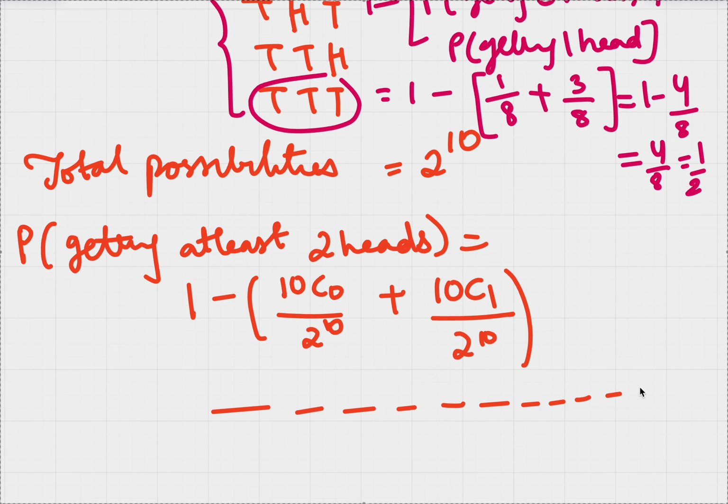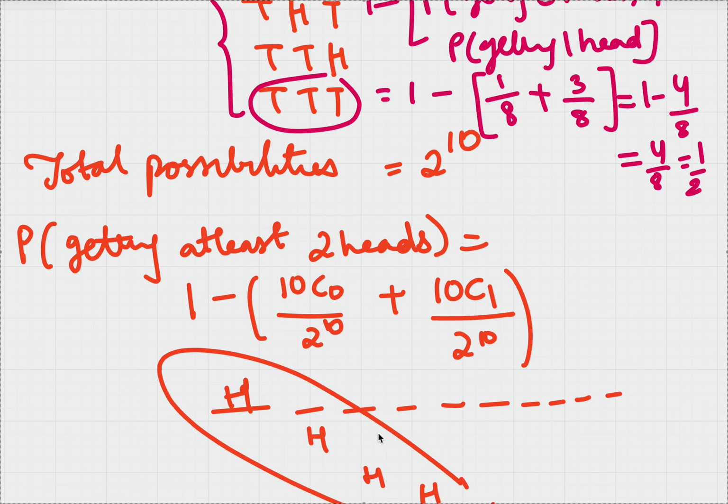Because we don't bother about the order of the remaining positions. Either I can place the head here, or here, or in this place, and so on, because we have to get only one. So order doesn't matter for the remaining tails.